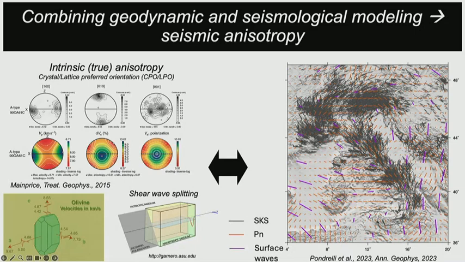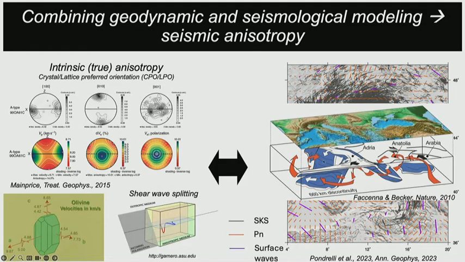The point is that if we know the relations between the mantle flow, the fabric evolution in response to deformation, and the type of anisotropy that we should expect from these fabrics, then we can reconstruct the dynamic evolution of a given area.